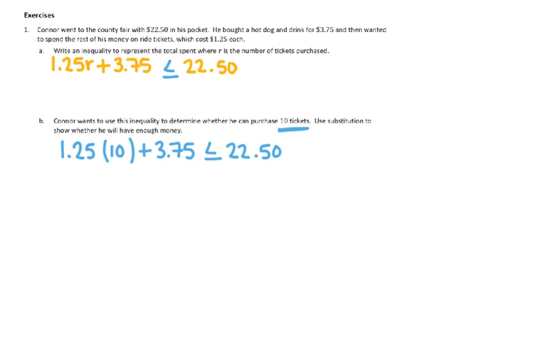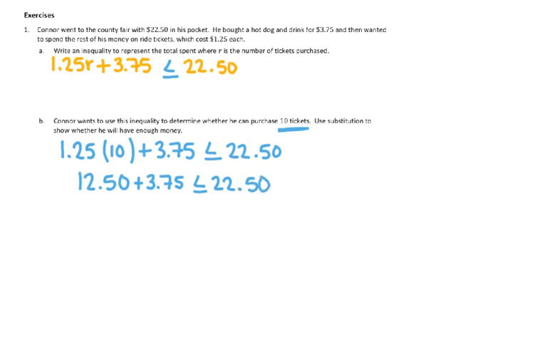So $1.25 times 10 is $12.50. So we've got $12.50 plus $3.75. And as long as that is less than or equal to $22.50, then Connor can buy 10 tickets.